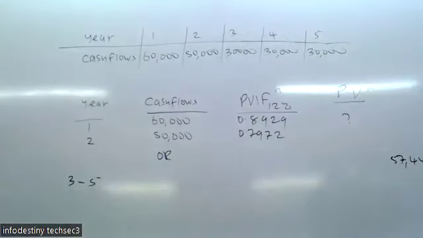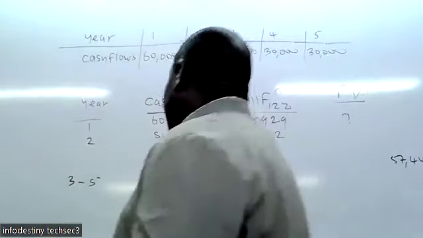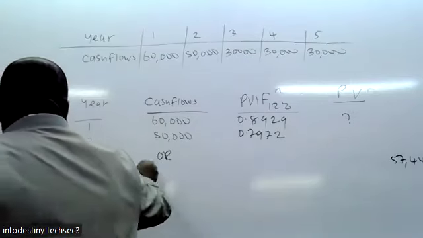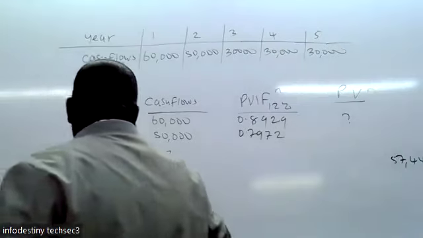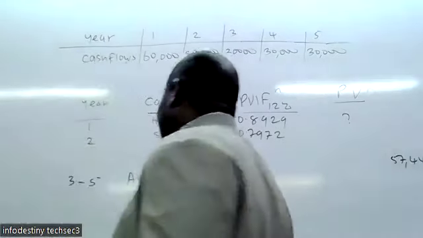So you are normally advised to use the annuity table. It will be annuity, in the brackets, present value interest factor for the annuity, 12% in year 5.